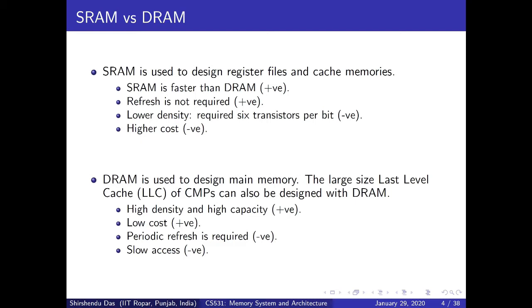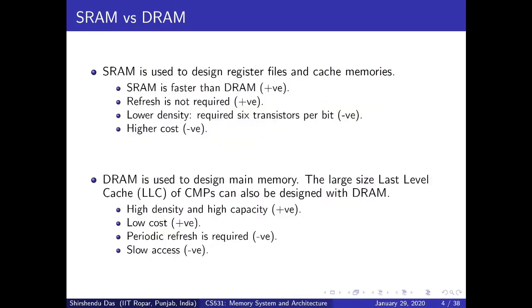The negative side of DRAM is that it needs periodic refresh, and it is slower than SRAM. So if you see the advantages and disadvantages, you can easily understand why we use SRAM to design smaller and faster cache memories, and why DRAM is used for slower and larger memories or main memories. Both have their own purposes.